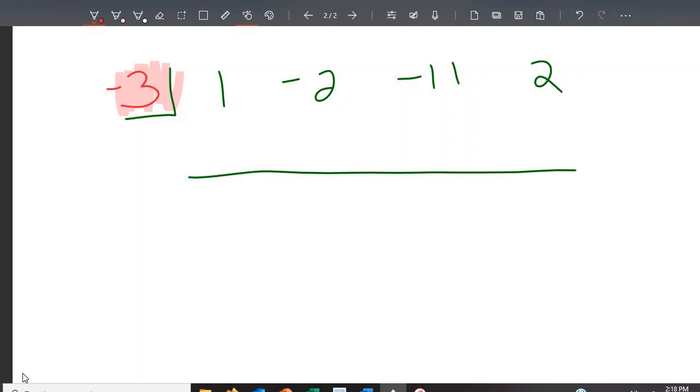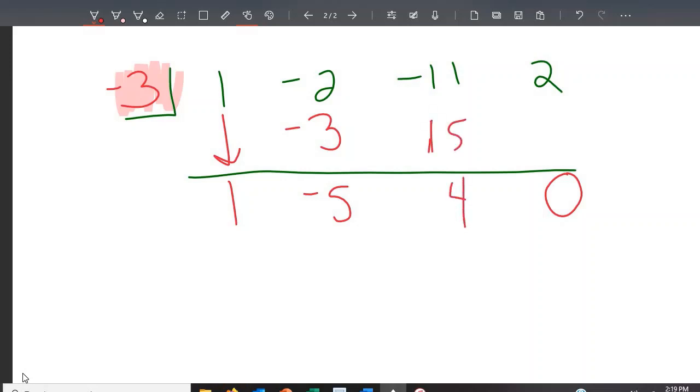Now, let's do the synthetic division. Bring down the 1. Since I'm told it's a root, I should get a 0 right here. If I don't get a 0, then this book is wrong. So, multiply: -3 times 1 is -3. Add the two numbers. -5 times -3 is +15.